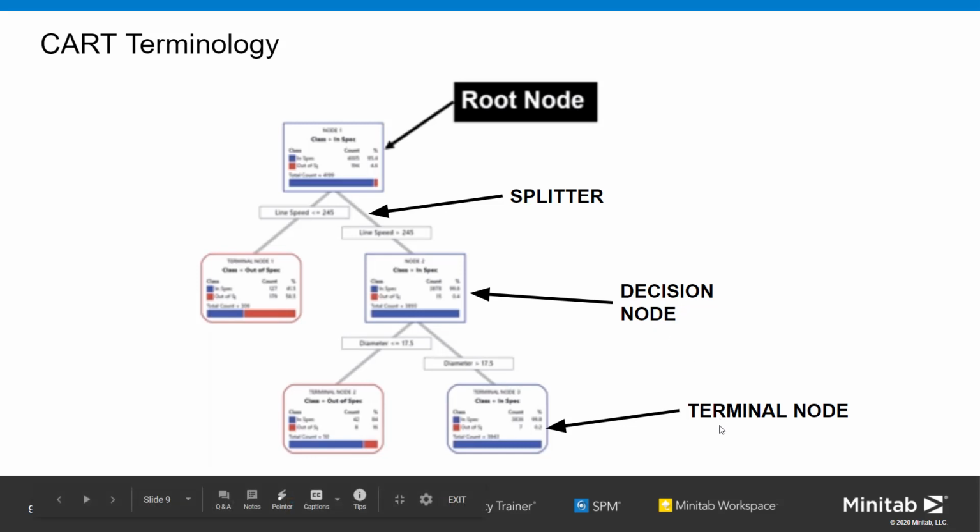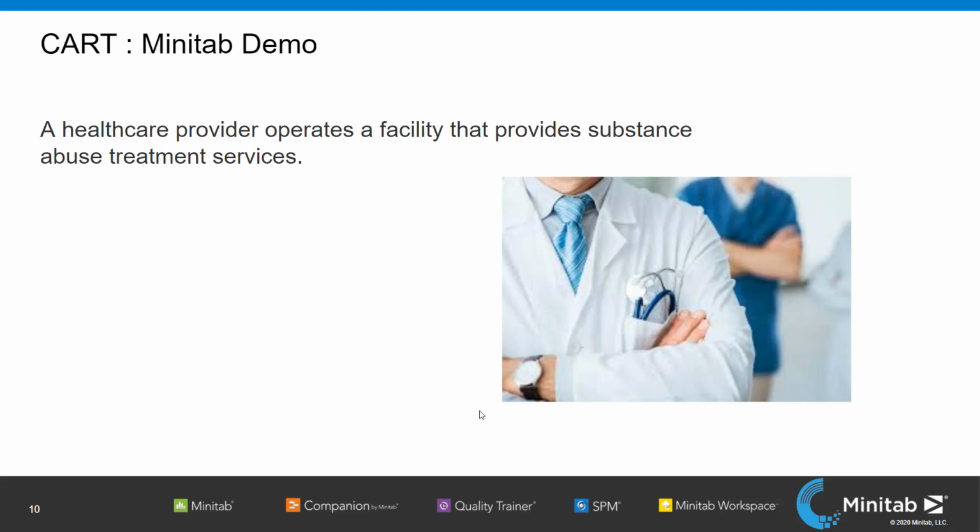And then there are terminal nodes, the nodes where the tree ends. So these are the four important CART terminologies. To give you an example, we'll directly go to a Minitab demo and see how this CART algorithm works.